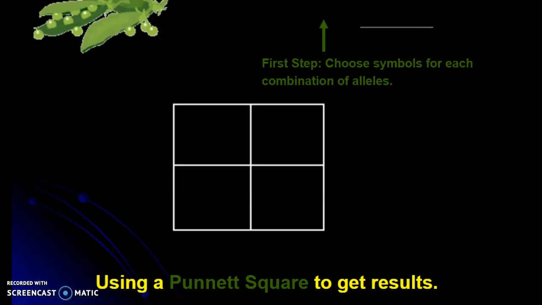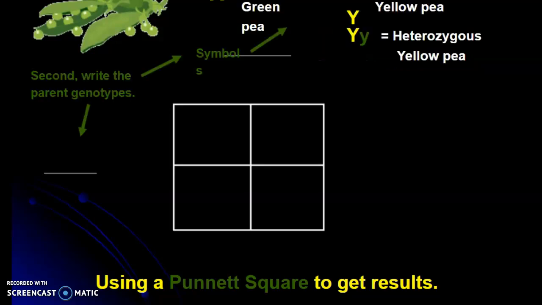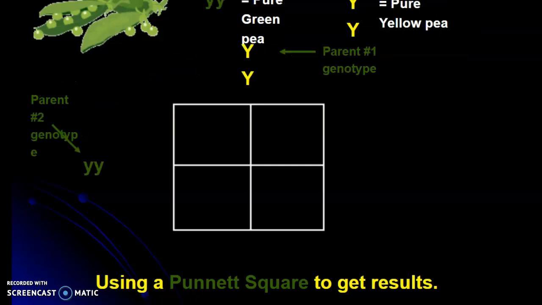All right, often we'll do this with a Punnett square. Let's just talk about Punnett squares real quick. I will make another video available for you on Punnett squares. This is just a quick overview. First, you have to have the symbols for the parents. We're going to cross a yellow pea with a green pea, so one parent is big Y and the other parent is little y.